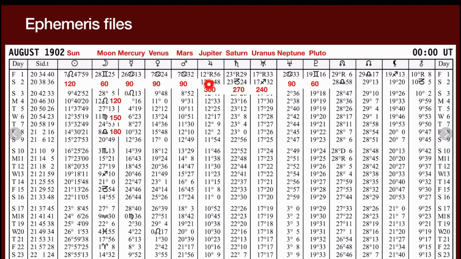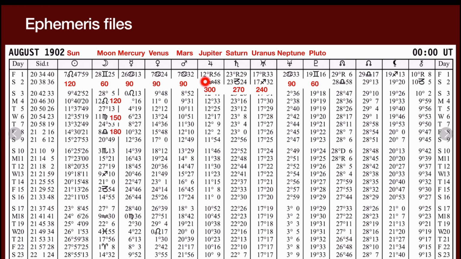Now if you look on here on day 1, so it's August the 1st 1902, Jupiter is at 12 degrees 56 minutes Aquarius. Now the minutes go to 60 and then it will tick around to 13 degrees, and for our purposes you can round up or down, that's fine.